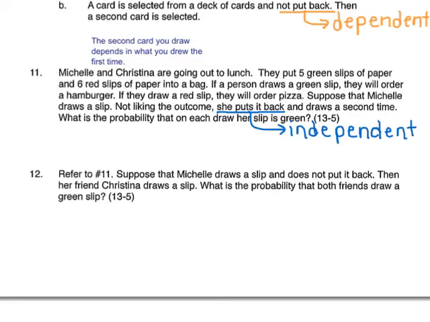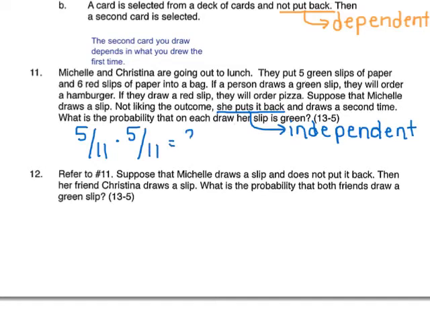Okay, so for the first slip, I want the probability that both draws come out green. The first time, there are 5 green ones out of 11 total. Then she puts that green one back, so there are still 5, and there are still 11 slips in the bag. So it's going to be 5 out of 11 times 5 out of 11.